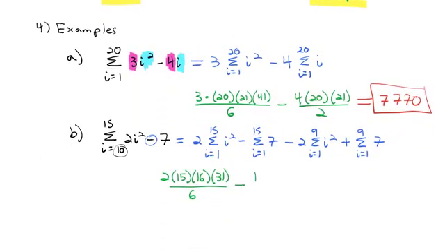So my stopping number is 15 times the constant of 7, minus 2 times I squared.